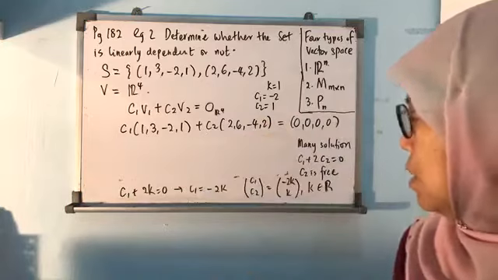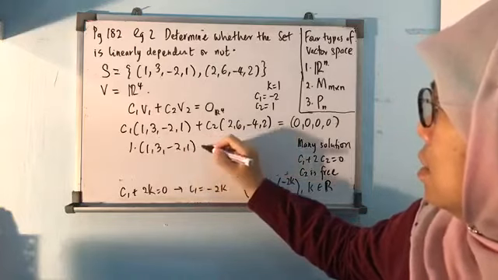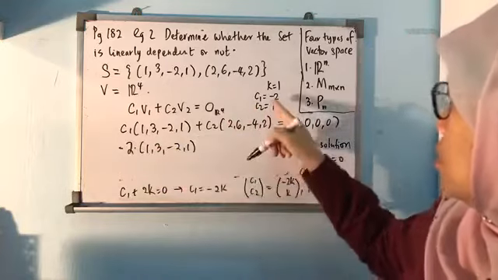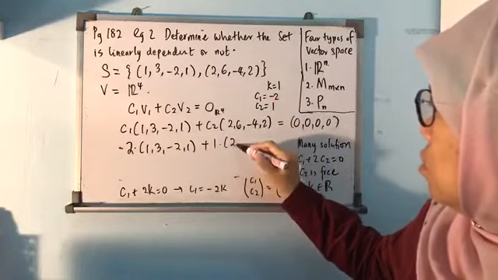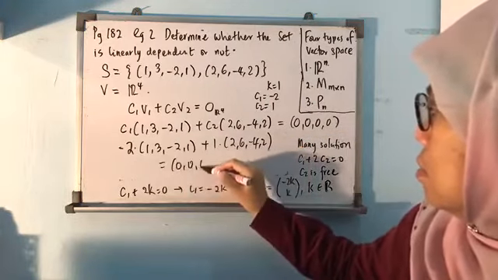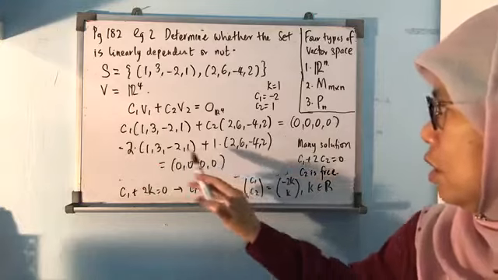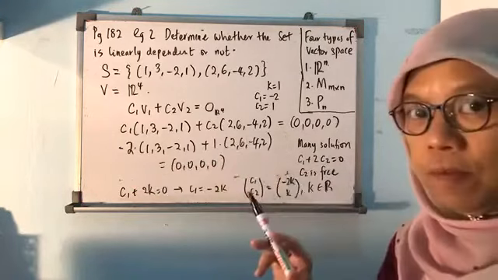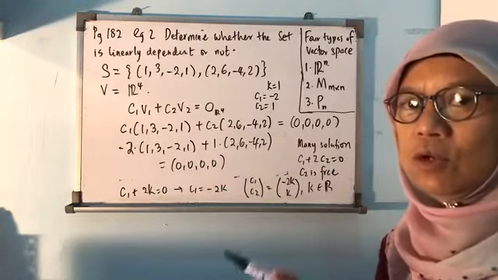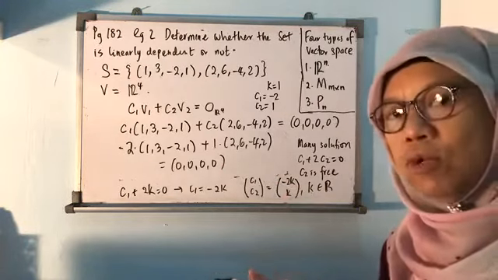Okay. If I replace, I will get 1 times negative 2, 1, 3, negative 2, 1, plus 1 times 2, 6, negative 4, 2, okay, this is equal to 0, 0, 0, 0, without C1 and C2 equal 0. 0, 0 is always one of the solution, that is from chapter 2, 0, 0 is always one of the solution for homogeneous.